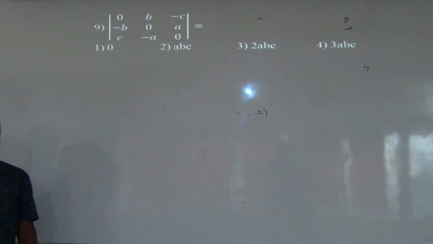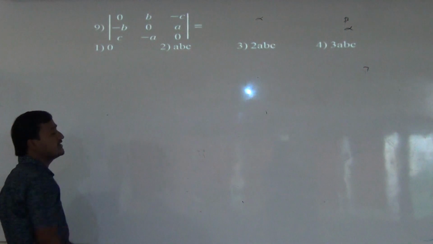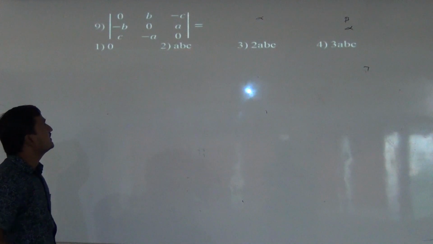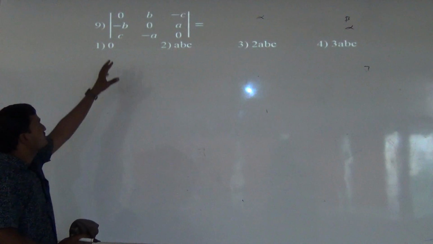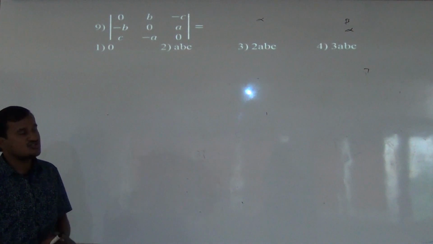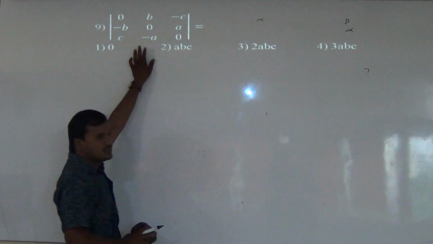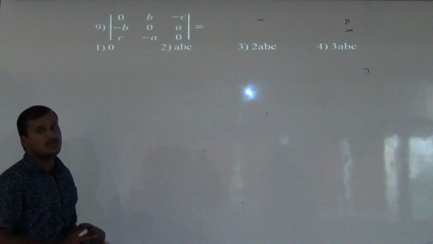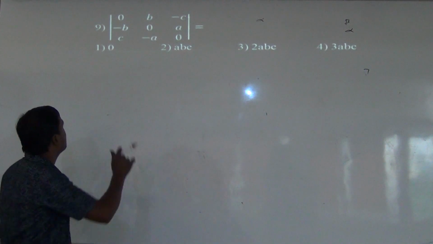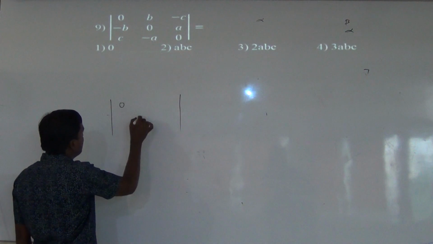Okay, next this one. What is the value of this determinant? Clearly you should observe this determinant: the principal diagonal elements are equal to 0, and here it is minus B and here it is plus B, the same element with opposite sign. So clearly the given determinant is a skew symmetric determinant.